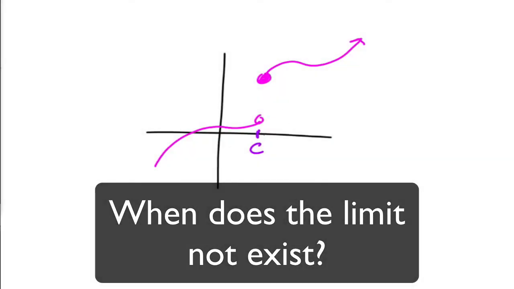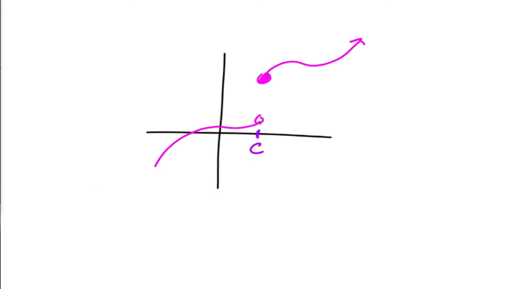Alright, so I want to show you how, when it's discontinuous, the definition doesn't work. So remember that the idea is that you want to make the y gap small, and you should always be able to make it smaller.